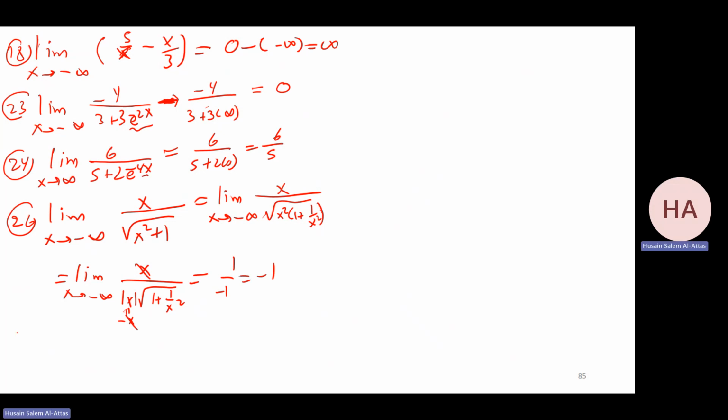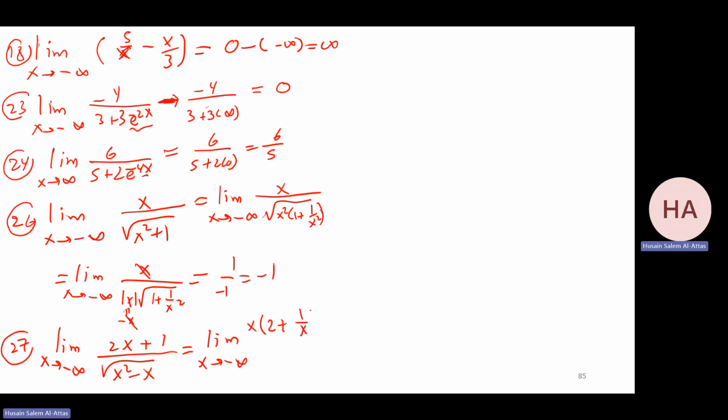Okay. I'll move to 27. The same idea. 2x plus 1 over square root of x squared minus x. But I need to take the common factor also in the numerator. We take x, I have 2 plus 1 over x. Over here, I take x squared, 1 minus 1 over x. And last, this will be the same thing as square root of x squared, which is the absolute value of x, and that will be minus x.